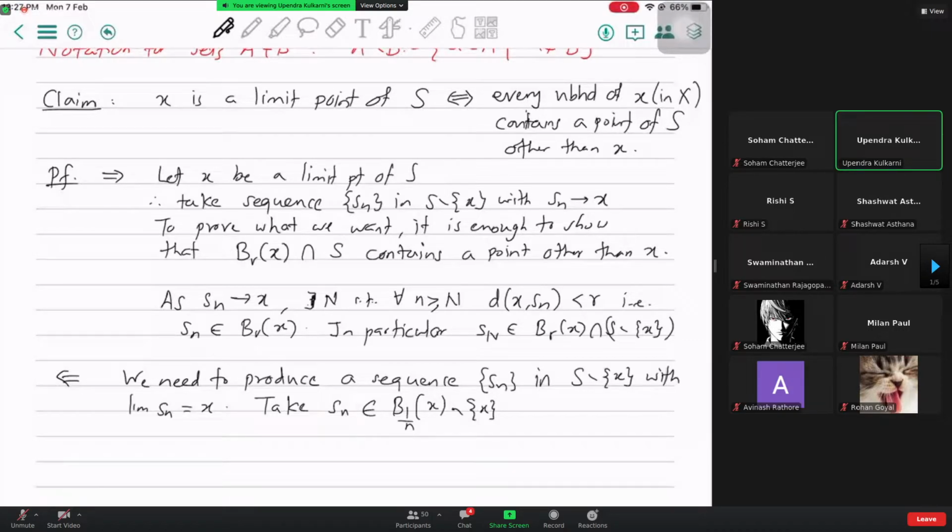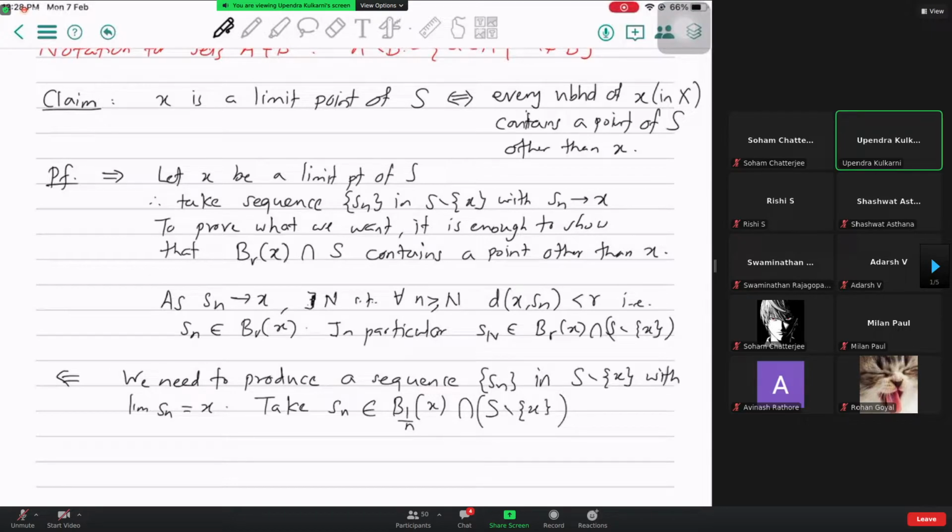Because every neighborhood is supposed to contain a point of... Sn in, sorry, so this is wrong. Not just in that, but where should I write it? In such a ball, but also in S and not equal to X.